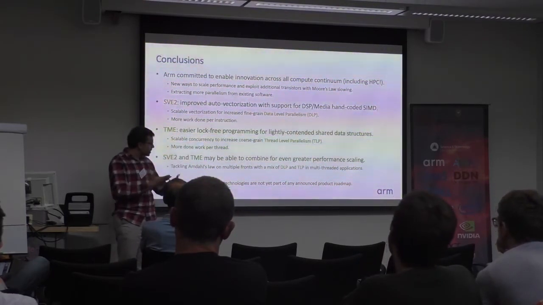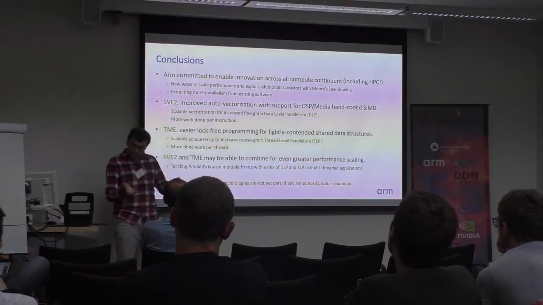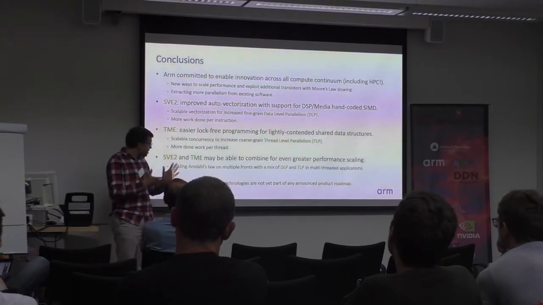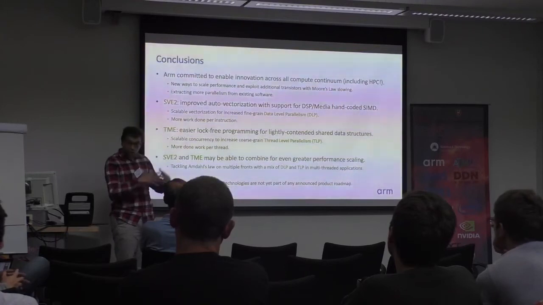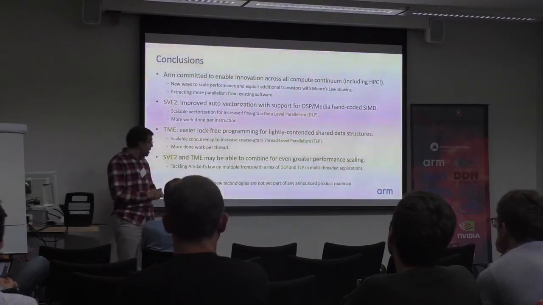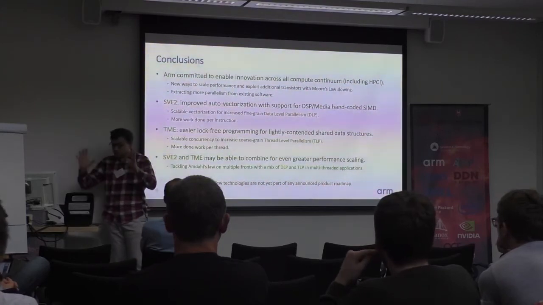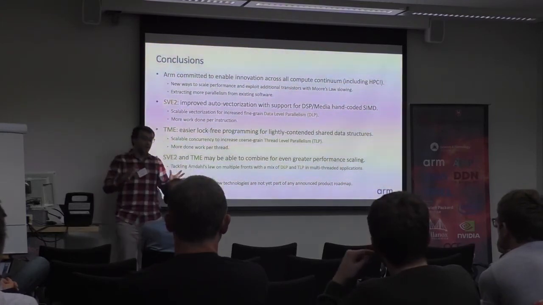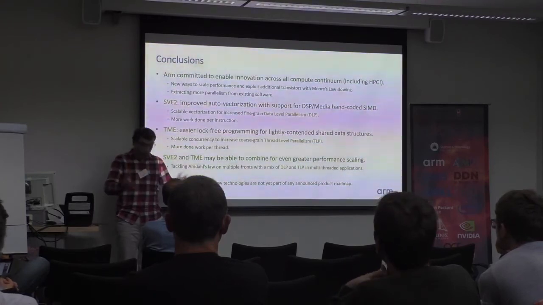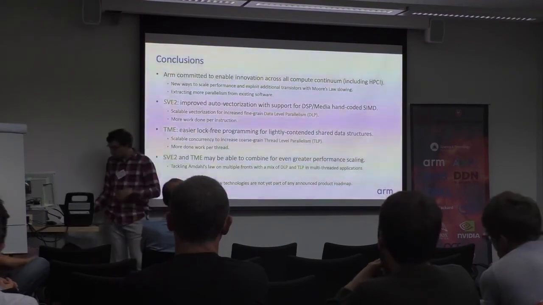One is more about data level parallelism, the other one is more about thread level parallelism. But essentially, combined together they will be able to deliver great performance. And what's very important is that these technologies that we are putting there are already in the open source ecosystem, so open source tools can be developed on top of those, but they are not yet tied to any specific product that we will sell to our clients.